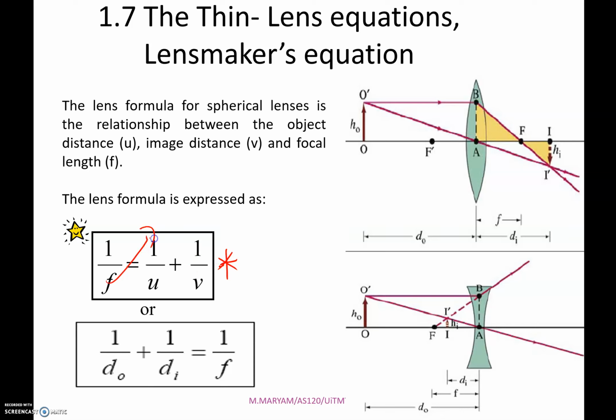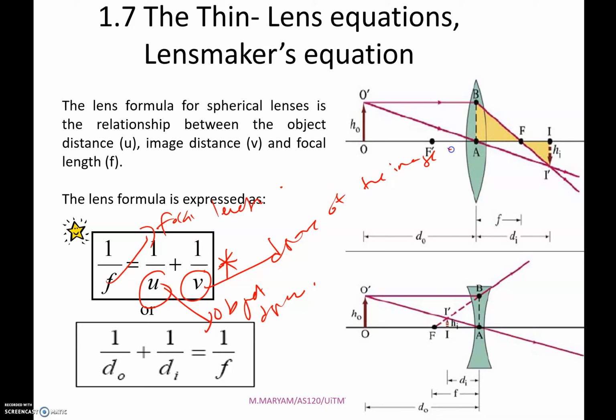So f, you might be quite familiar with it now, is the focal length. U would be the object distance, the distance of the object, and v will be the distance of the image. But from where?